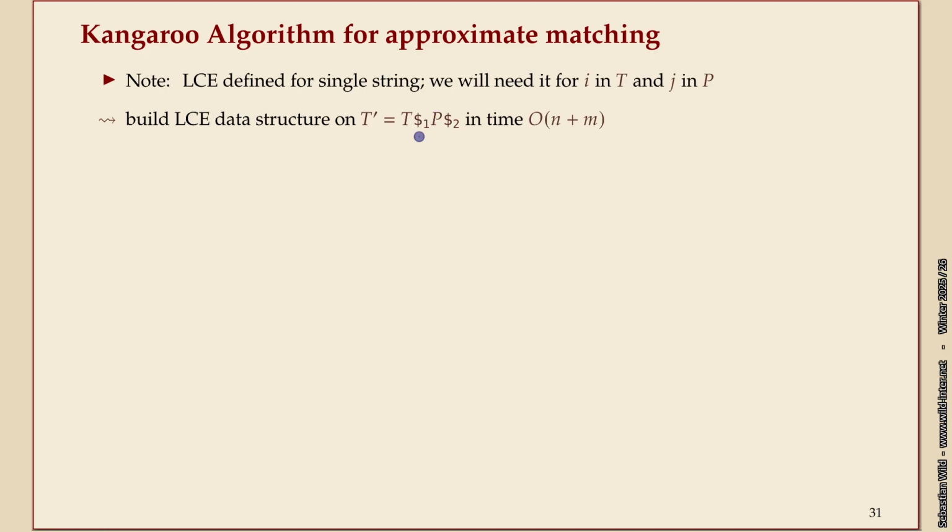If you put a $, that doesn't match any character in P, then you're safe that this doesn't happen. So we can completely ignore in the construction of LCE data structures when we get to it in the future, that oftentimes you want to apply it to a set of strings, not a single string. You can always do this reduction step, and then the same algorithm works.